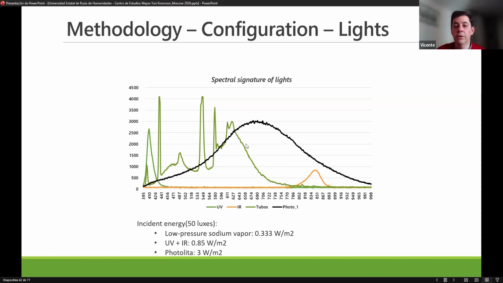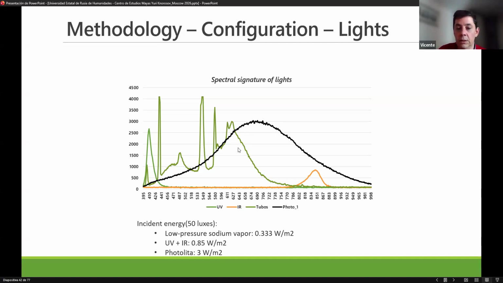Okay, this is a continuous light, the black one. This is a photolamp, and these are the typical kitchen tubes. And this green at the end is the ultraviolet LED, the typical light in discos, you know, for looking at white things.